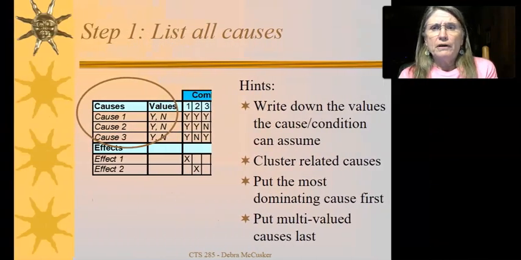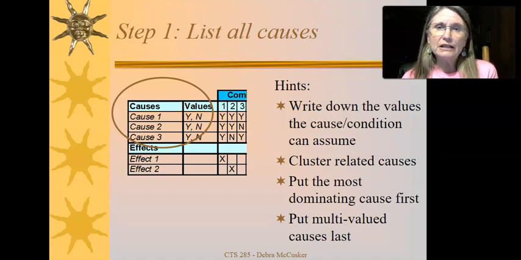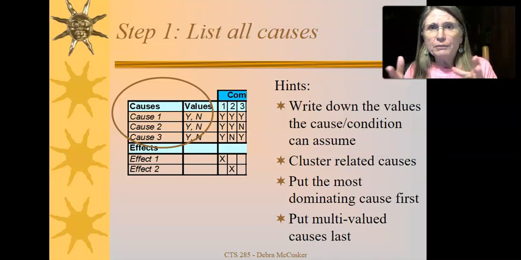So the first step is to list all the inputs or causes, and you're going to want to write down the values in some easily recognizable, easily interpretable name for these causes. And it's a good idea to keep those things together that are closely related, and that will become more clear as we actually do an example problem.